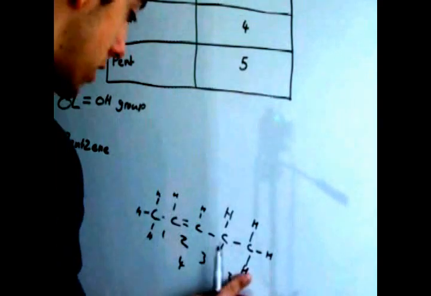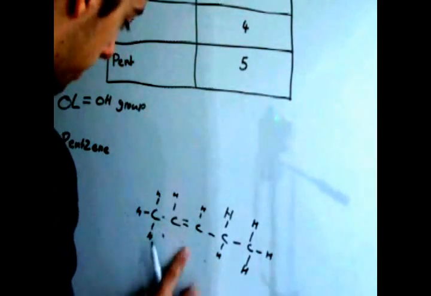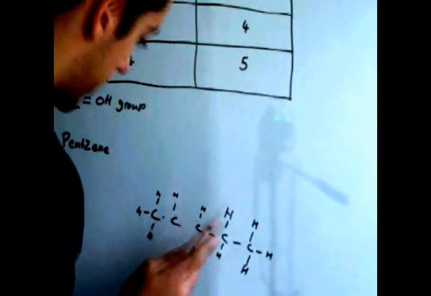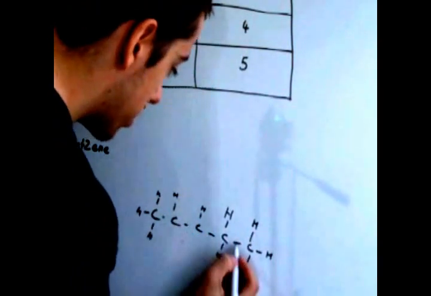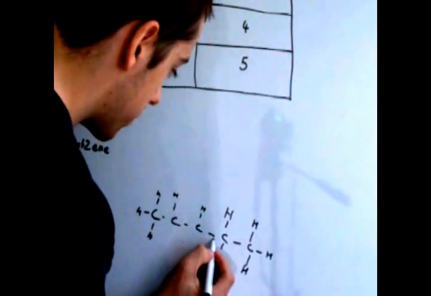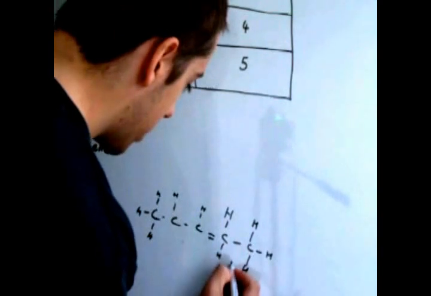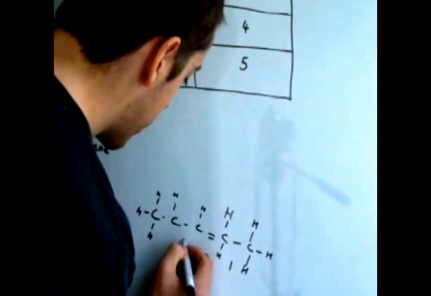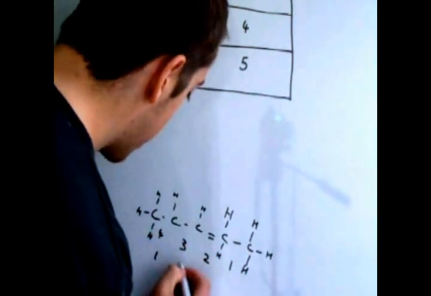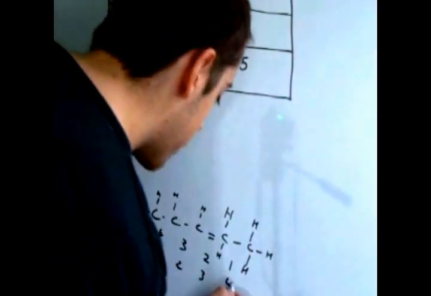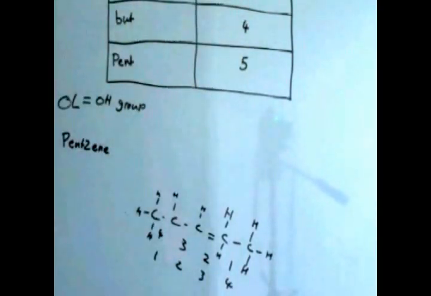On the other hand, if the double bond was here, we would count 1, 2, 3, 4, or 1, 2, 3, 4. You can clearly see from here that by counting from the left, as we did before, we would ascertain the higher number of but-3-ene, which doesn't exist.